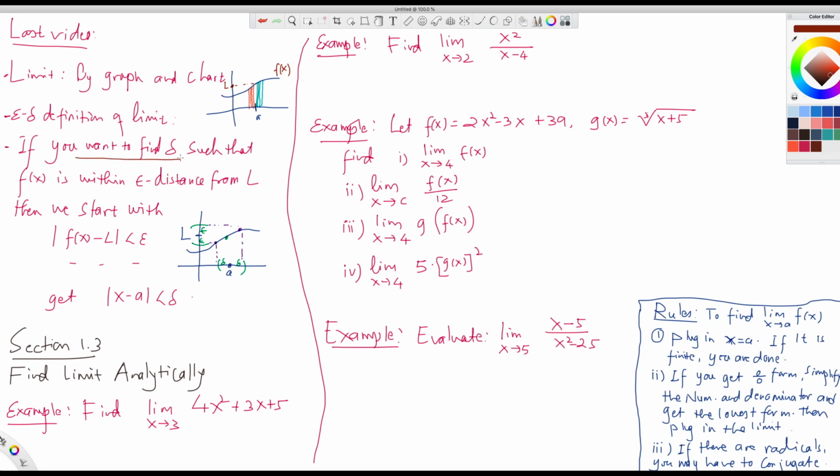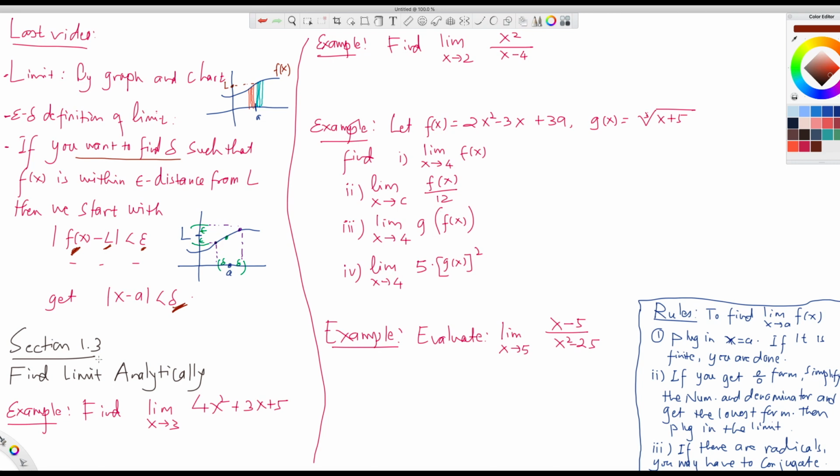If you want delta such that f(x) is within epsilon distance from L, you start with the absolute value of f(x) minus L less than epsilon, plug in the value of f(x), L, and epsilon, simplify, and try to get the absolute value of x minus A less than delta. Whatever value you get there will be the delta value you are looking for. That's what we did in the last video.